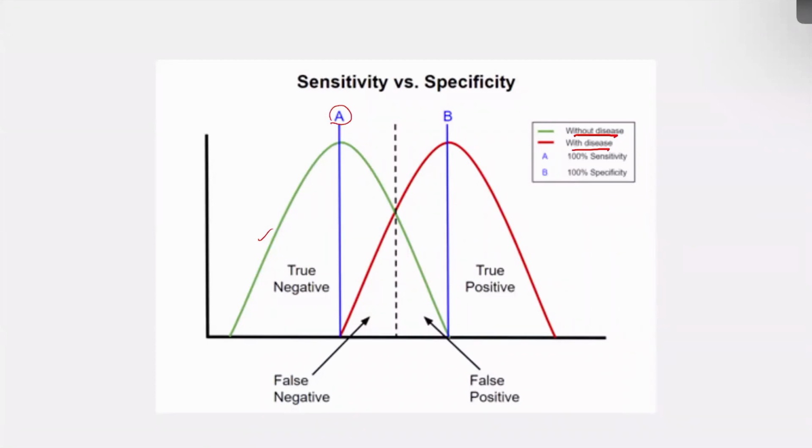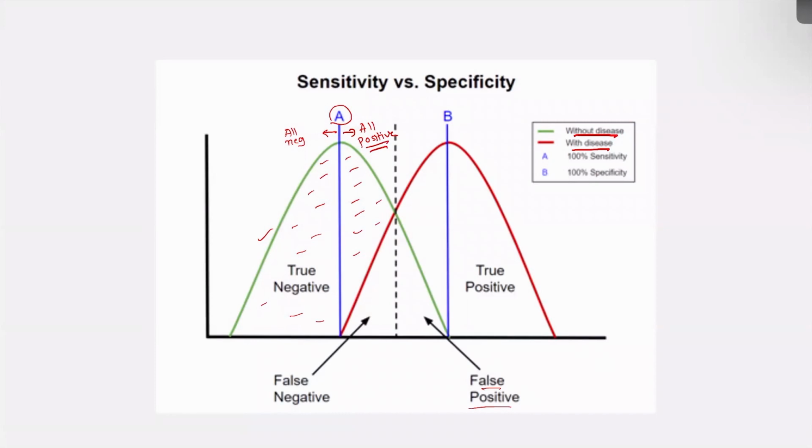Left side of the test is all negative, and right side of the test is all positive. Okay. Just see, this line is intersecting the without-disease curve. The left side is fine, it's true negative. But what about this right side? These people do not actually have the disease, but they're being tested as positive. So what does that make? That is the false positive, right?